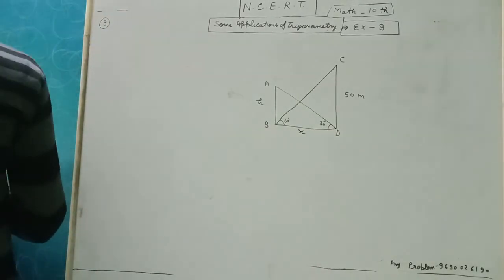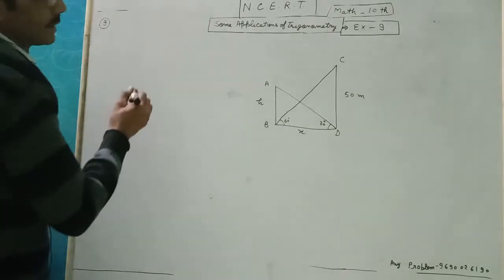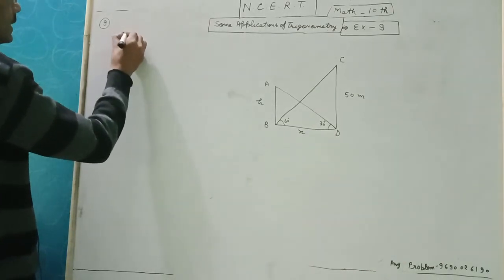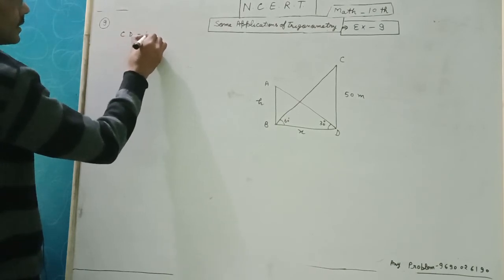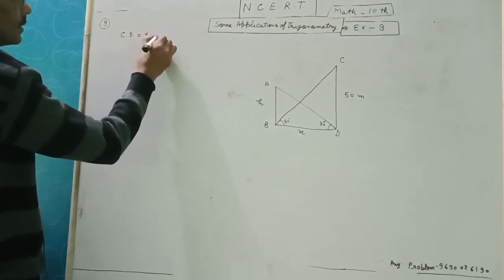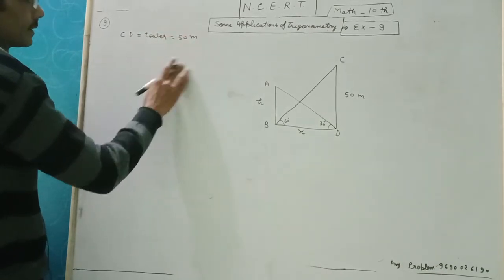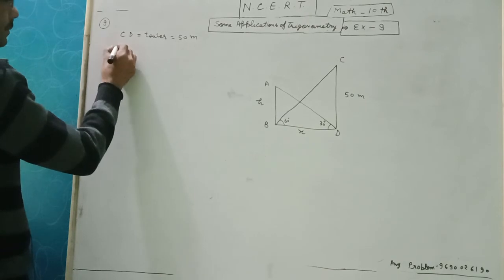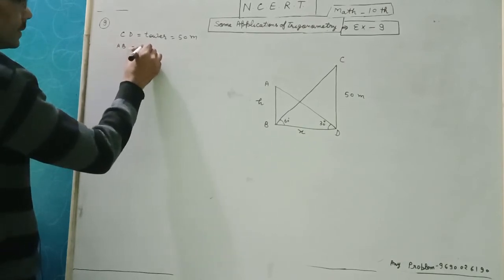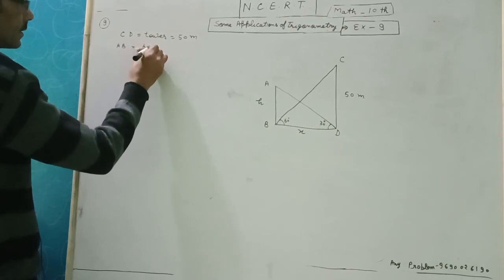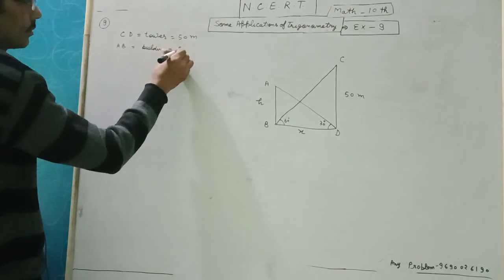Question number 9: CD, the tower, is equal to 50 meter height. AB, the building, is equal to H meter.